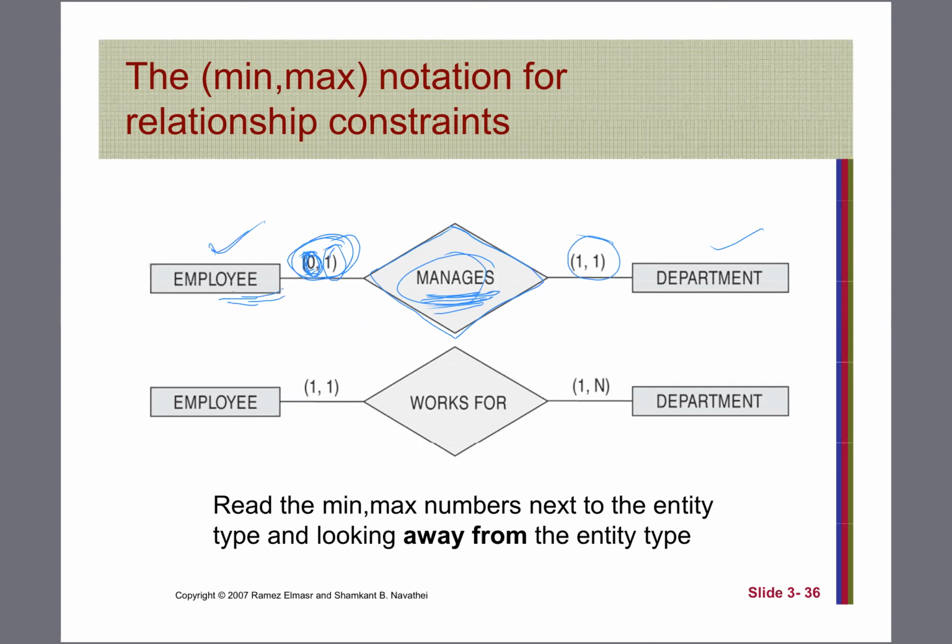Now what about department? Every department has to be managed by some manager from the employee entity, so 1 participation. Maximum how many? Maximum also 1 manager can be there. This relationship makes it clear that yes, there can be only 1 manager who is from the employee entity. So this is 1 and 1.